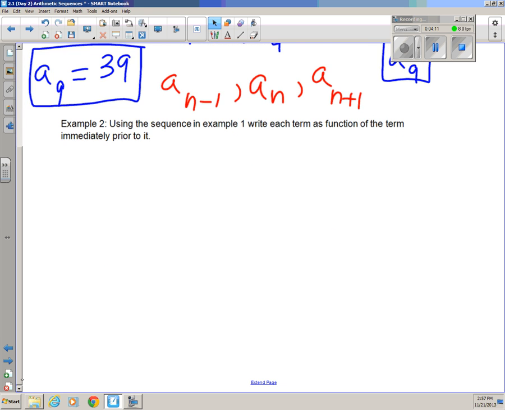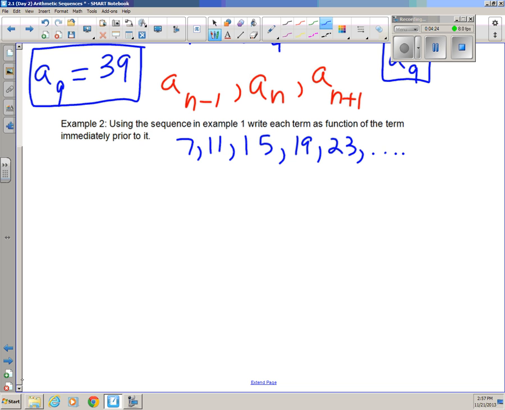I'm going to use the numbers we had before: 7, 11, 15, 19, 23, etc. My first term, A sub 1, was 7. My second term, A sub 2, was my first term plus 4 more.